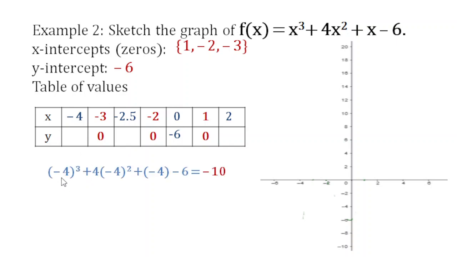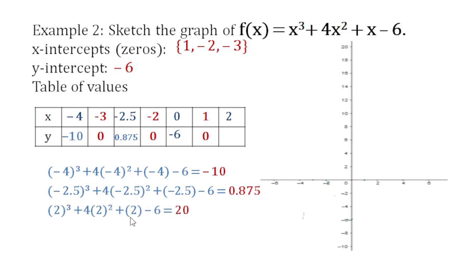So if we plug in negative 4, our answer is negative 10. And if we plug in negative 2.5, our answer is 0.875. And then if we plug in 2, we have 20.